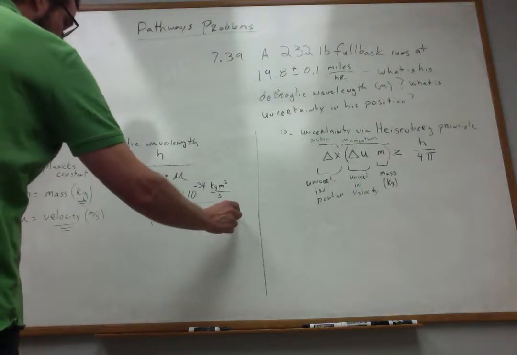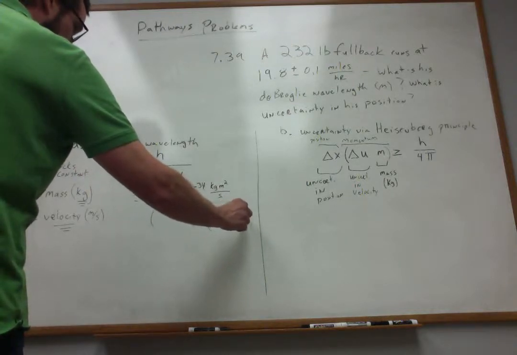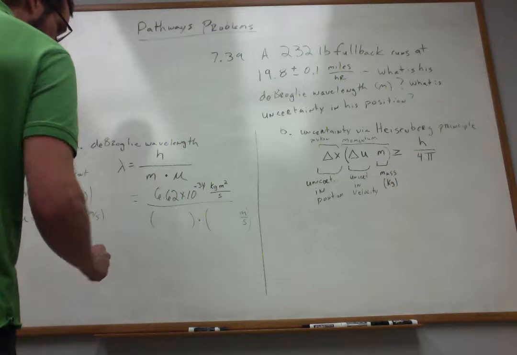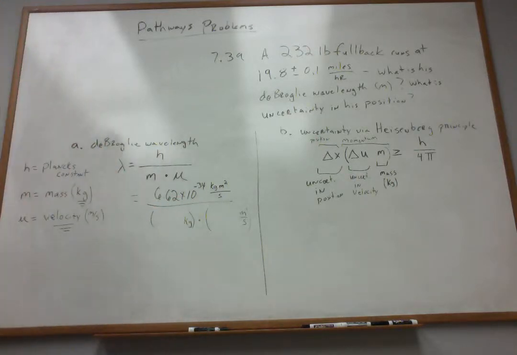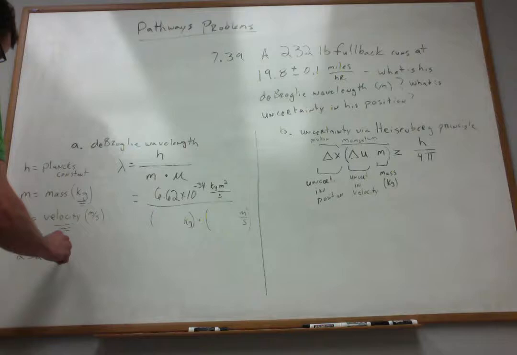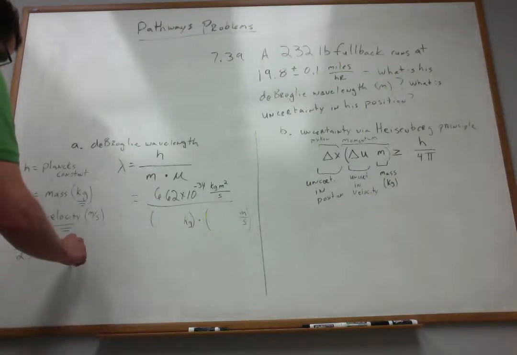Now the problem that we have is that the units need to be meters per second for velocity and kilograms for mass. I look back at the problem, I'm told about the person's velocity, I'm told about his weight, but it's not in kilogram units and it's not in meters per second. So the first thing I need to do before anything else is convert. I need to convert my 232 pounds into kilograms.